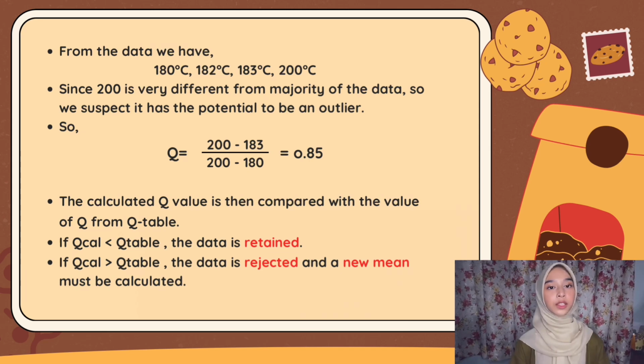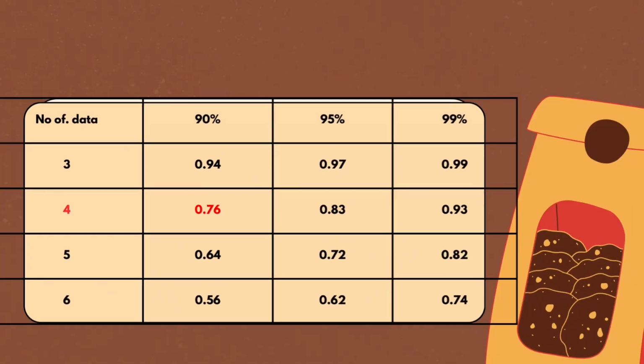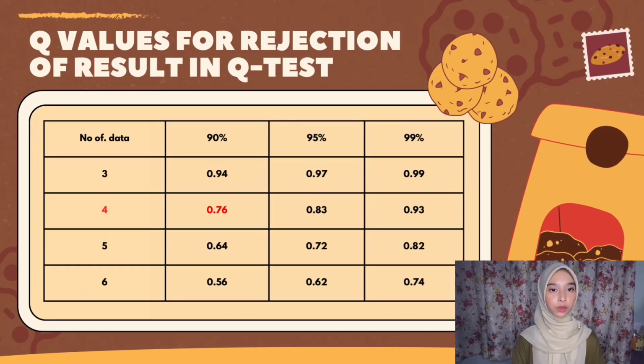The calculated Q value is then compared with the value of Q from the Q table. If the calculated Q is less than Q table, the data is retained. But if the calculated Q is higher than Q table, the data is rejected and a new mean must be calculated. This is the table of Q values for rejection of result in Q test.